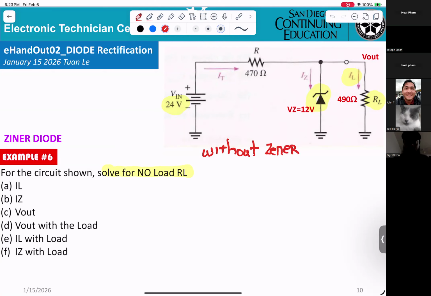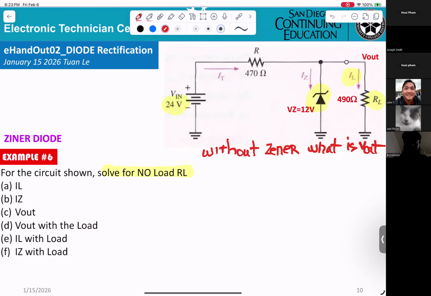what is VL? Is it 24 volts? Perfect. Now you're good.